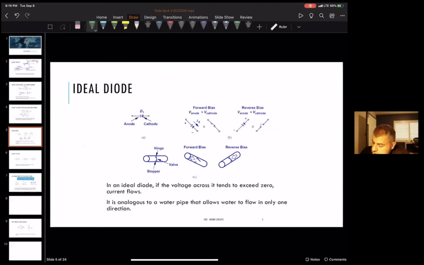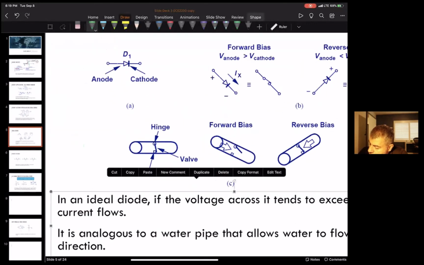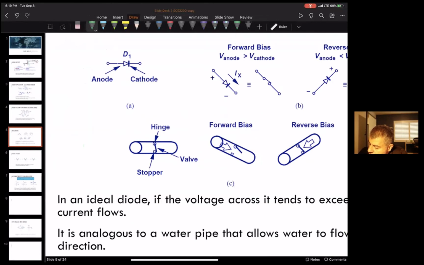Sure. So the way the book tries to give you a visual is like a water valve, something that has a hinge. So it has like a one-way stopper with a one-way hinge. When water goes this way through this hose, the hinge opens up and lets water through.